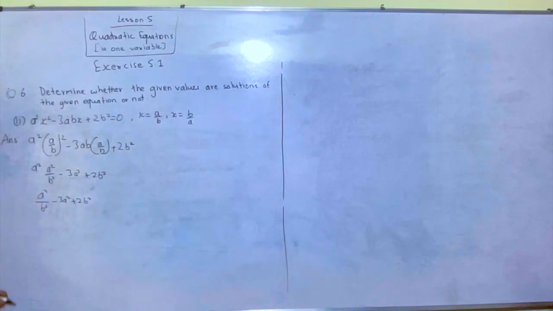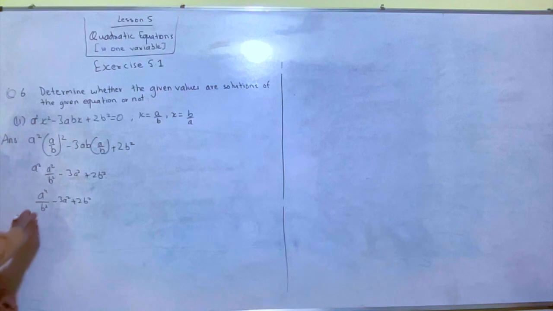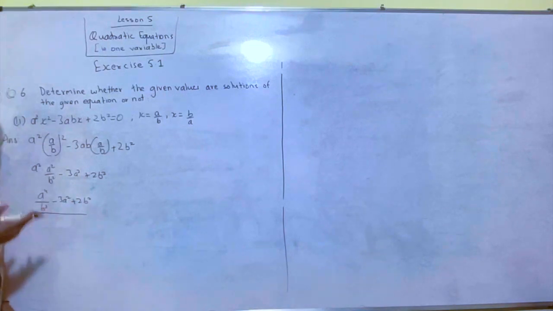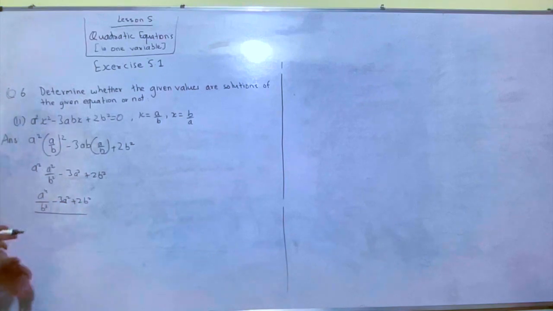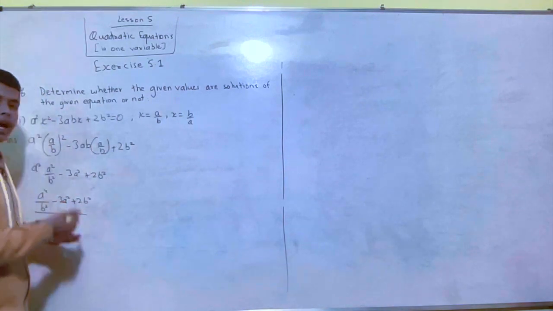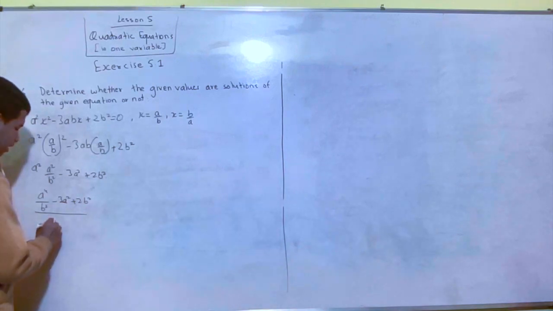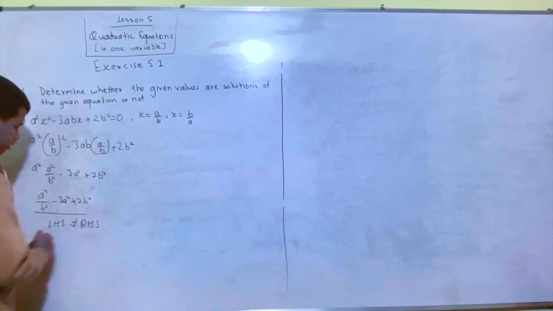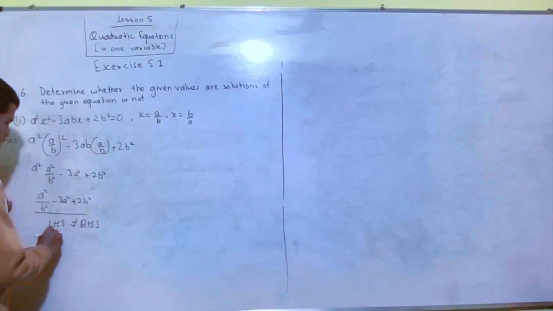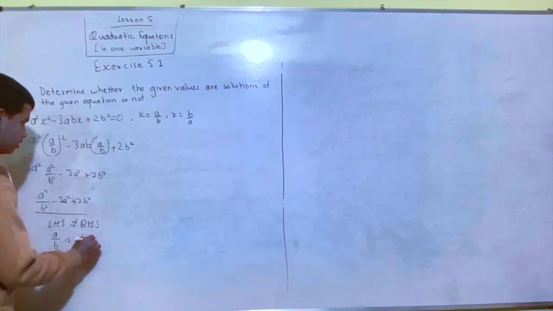Now we can clearly see that we cannot evaluate this further, and even if we try to make the denominator b square, we will not get the answer as 0. So we can conclude that LHS is not equal to RHS, therefore a by b is not a solution.